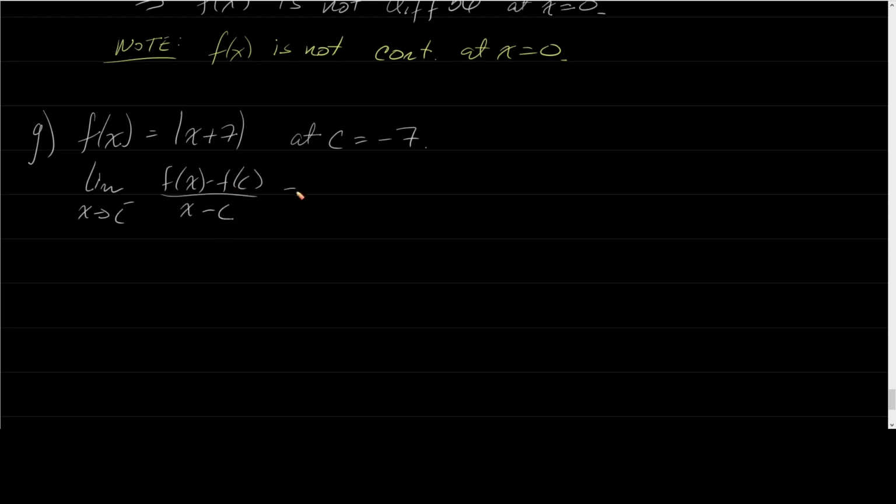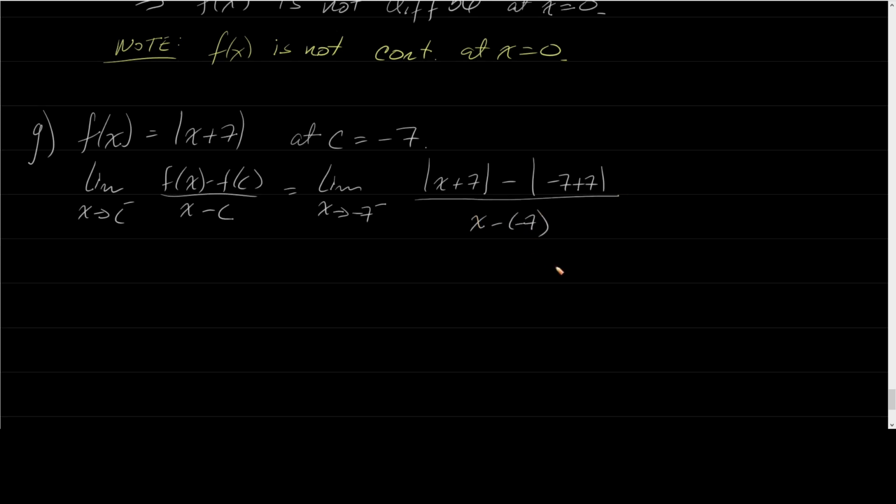In this case, we have the limit as x approaches -7 from the left of the absolute value of x plus 7 minus the absolute value of -7 plus 7, all of this over x minus -7.